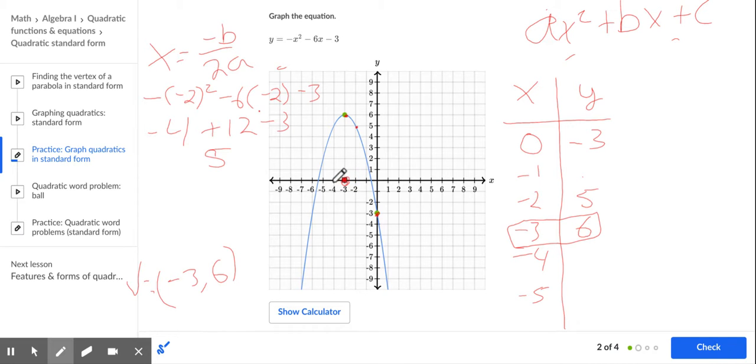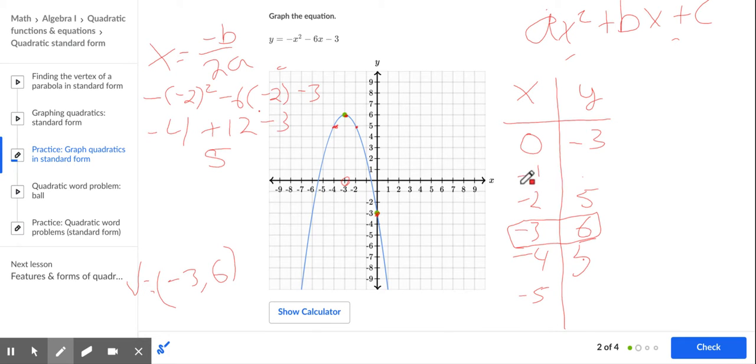If I go 1 in the other direction, that's going to be at the same height. Since we already have this graph, we can see it. That's at the same height. So if I went 1 this way and it was 5, then if I go 1 this way, it should also be 5. So if you want to plug it in just to be sure, go ahead, but it's symmetrical. So if you're the same distance away, it should be the same number.